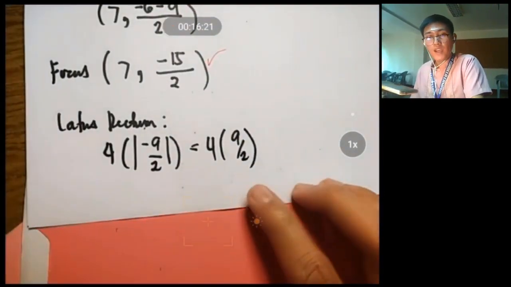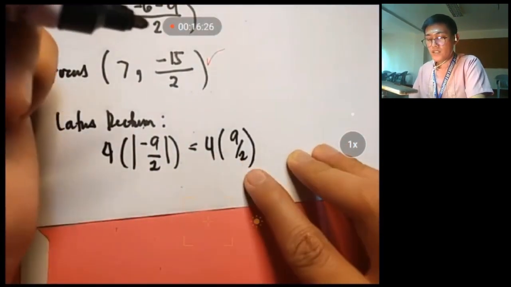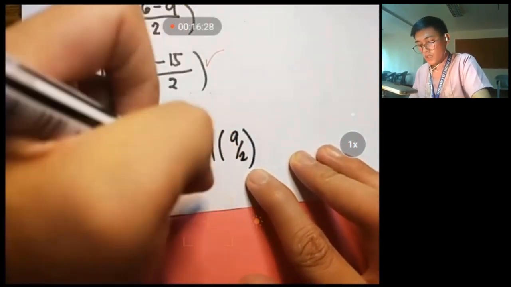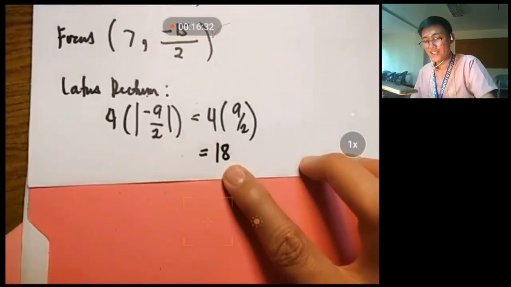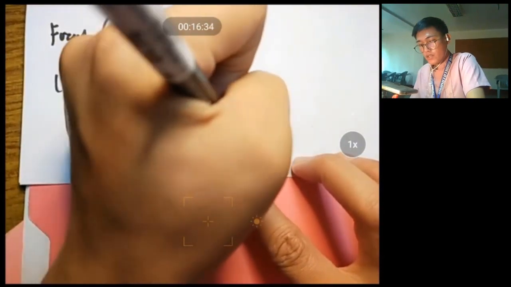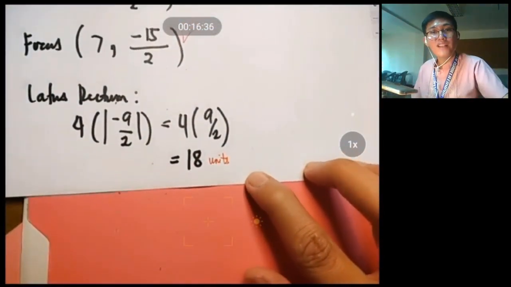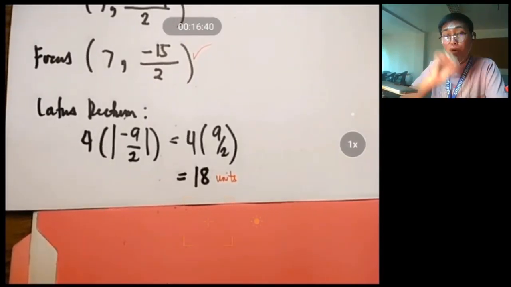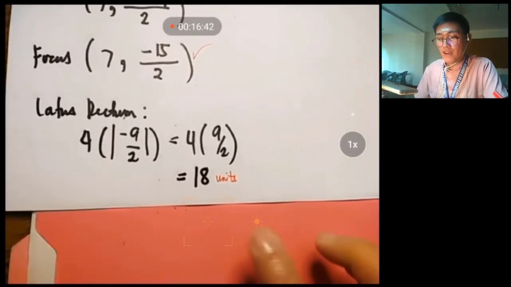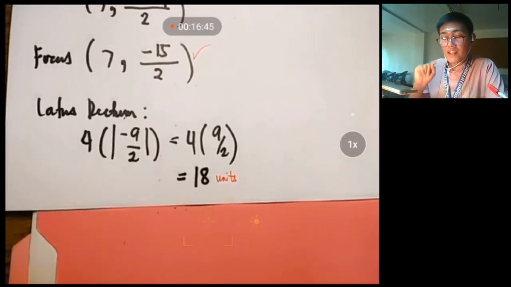Here we could simplify 9 times 4 is equal to 36 divided by 2, got 18. So the latus rectum whole length is 18 units, and if you want to get the half length of latus rectum from the focus to any endpoint of the parabola, then you will get 9 units because 18 divided by 2 is 9.